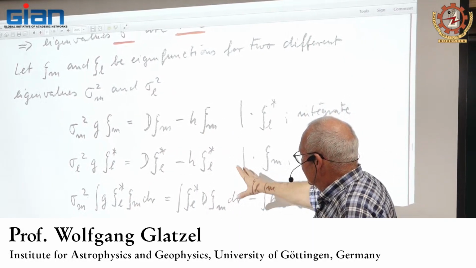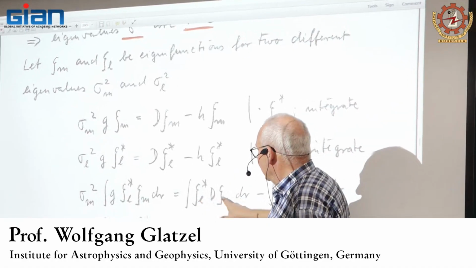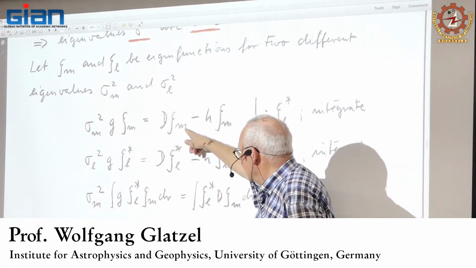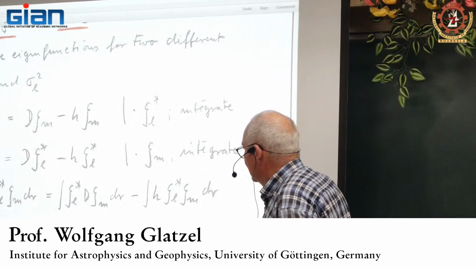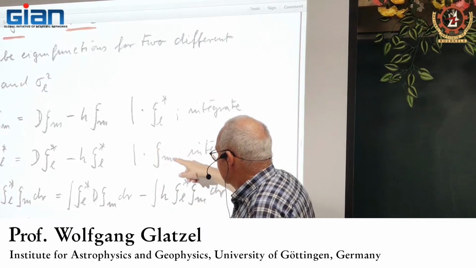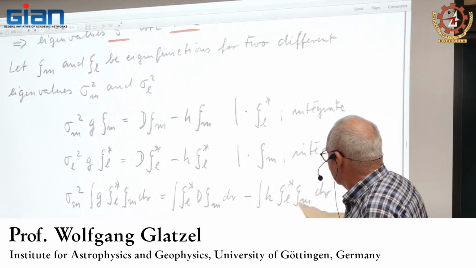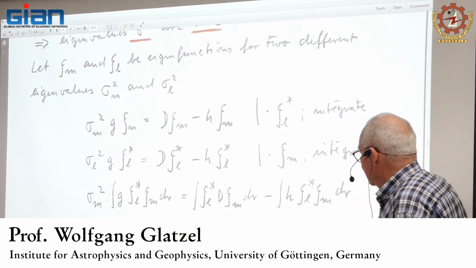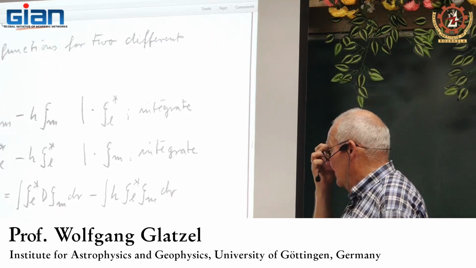Then we have the term containing the differential operator, zeta l star times d zeta m, and in the second equation, zeta m times d zeta l star, minus h times the product zeta l star times zeta m, and of course in the second one it is zeta m times zeta l star.